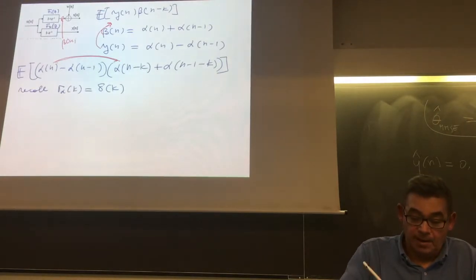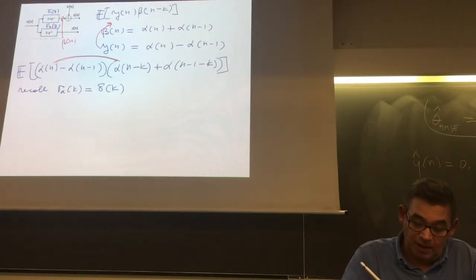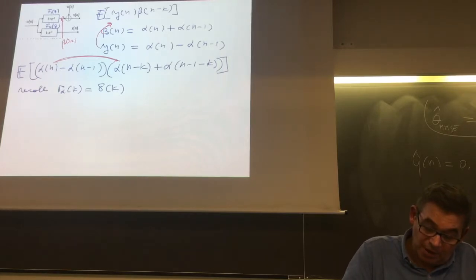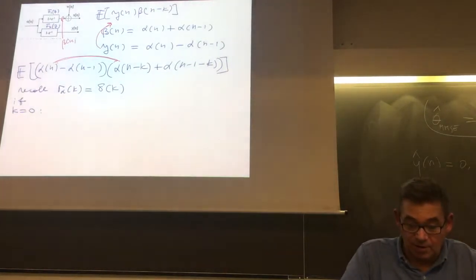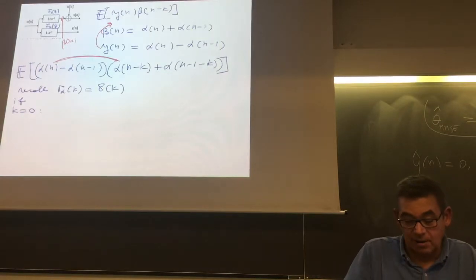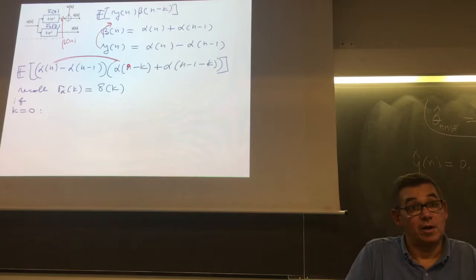So then I need to make a distinction. If k is equal to 0, then I have the expectation of alpha n times alpha n, which is alpha n squared, so this is equal to 1.